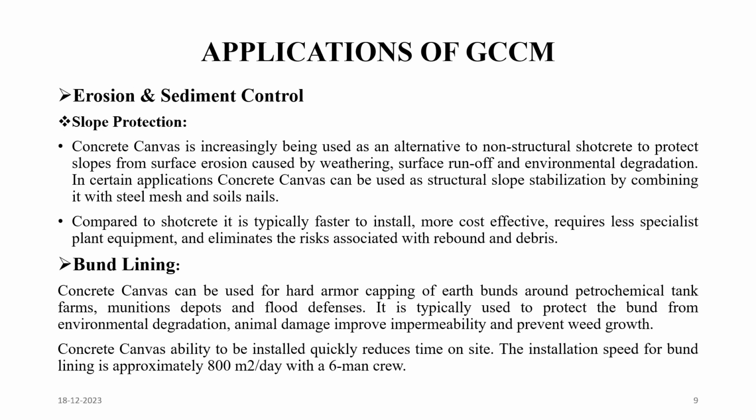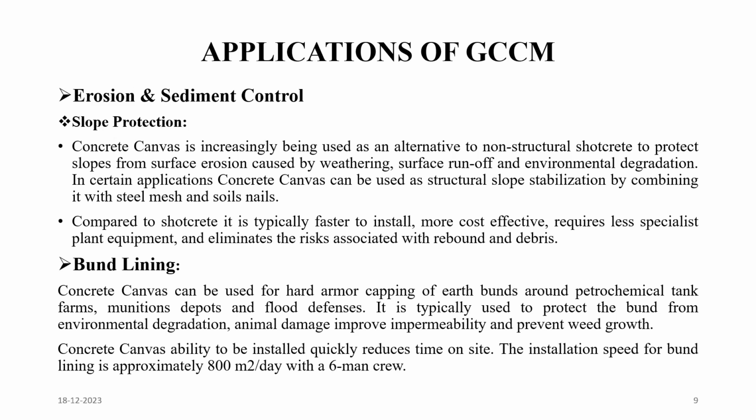In certain applications, concrete canvas can be used for structural slope stabilization by combining it with steel mesh and soil nails. Compared to shotcrete, it is typically faster to install, more cost effective, requires less specialist plant equipment, and eliminates the risk associated with rebound and debris.